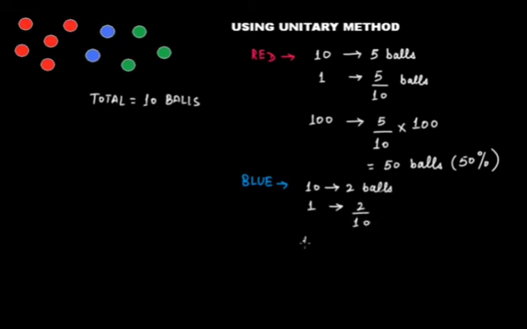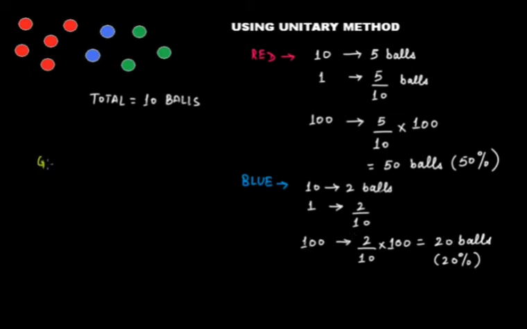Then for 100. So if the total number of balls is 100, the number of blue balls will be 2 over 10 times 100. And if you solve this, you will get 20 balls. So there will be 20 blue balls. And what percentage does it represent? It represents 20%. Why? 20 out of 100.